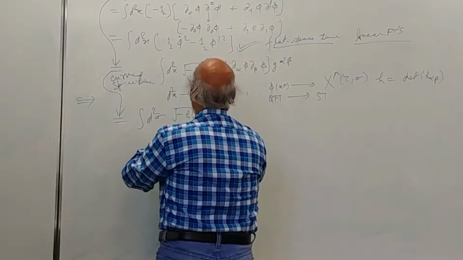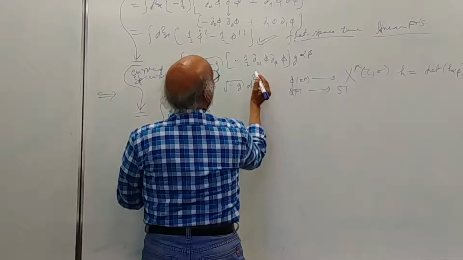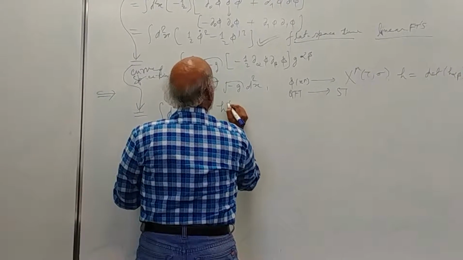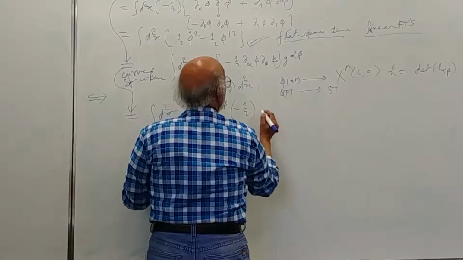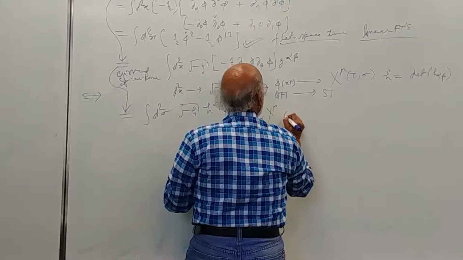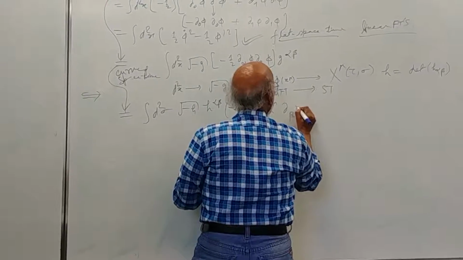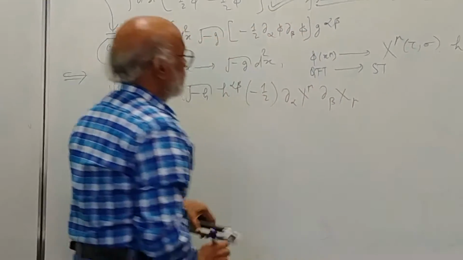So, I would have this, and now in place of g alpha beta I have h alpha beta, and I have minus 1/2, and del alpha x mu del beta x mu.